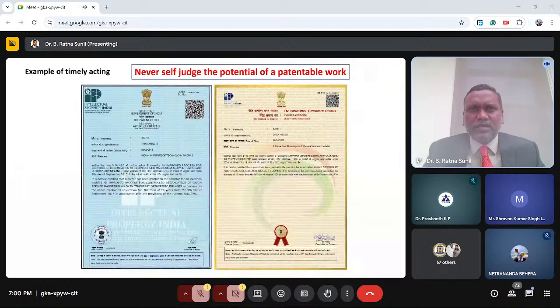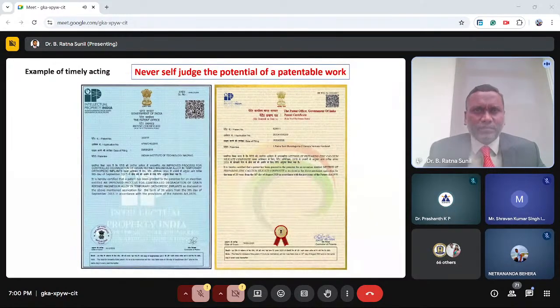We thought this was an obvious research work, so it could not be patented. But when we discussed it with the IIT Madras patent cell, they suggested, why don't you patent this work? This is patentable. Then we applied, and it took 5 years, after the examination report and online hearing, for the grant.